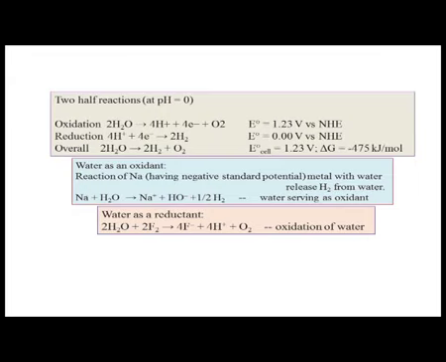If we set the scale at 0.00 volt versus normal hydrogen electrode, and consider where water stands against the hydrogen electrode for this reaction, it is 1.23 volt versus NHE, which is quite high on this scale.